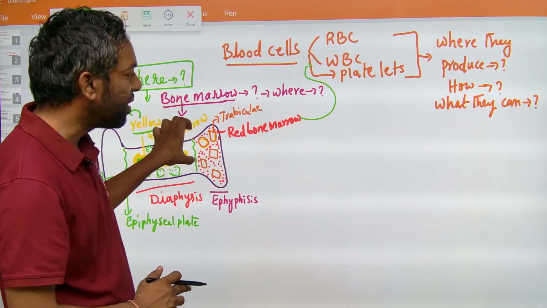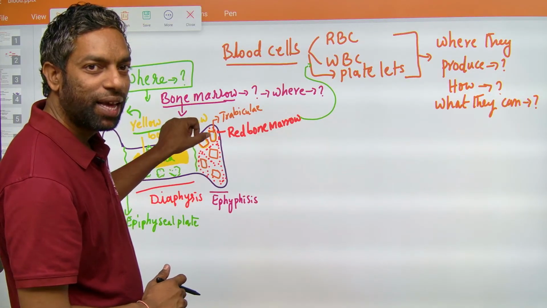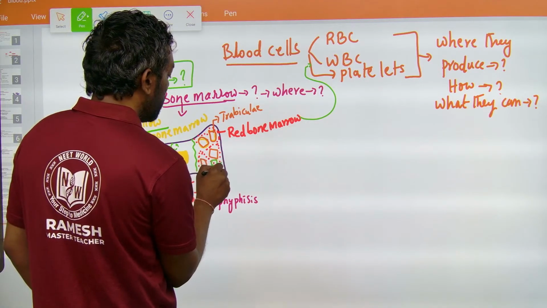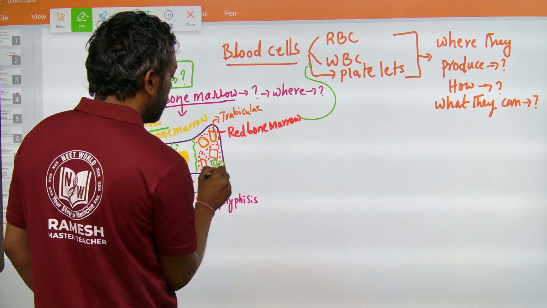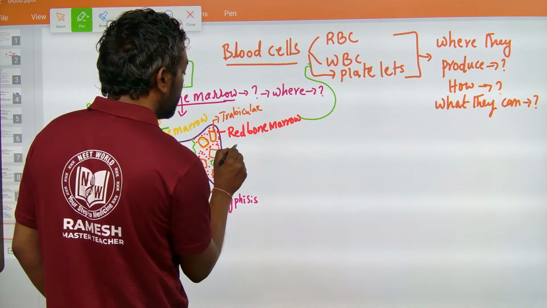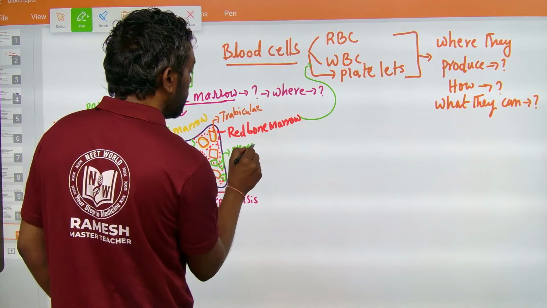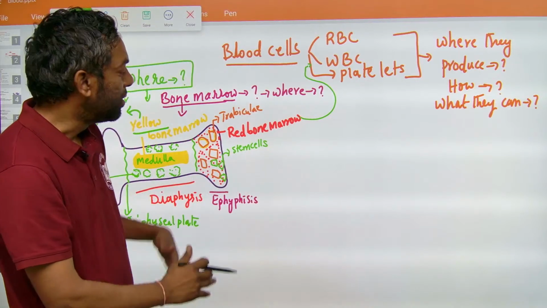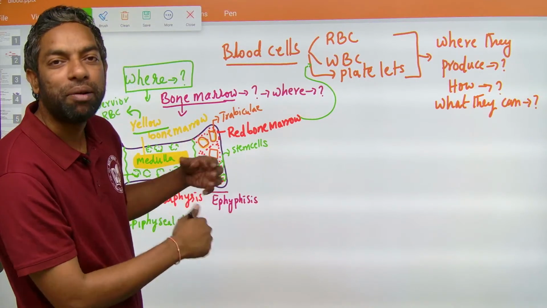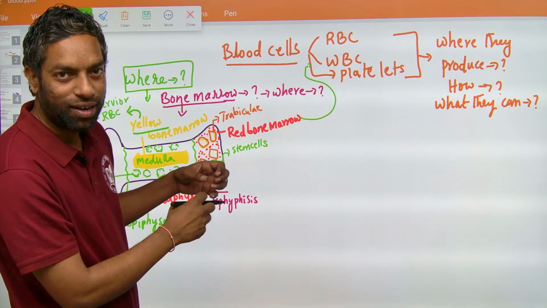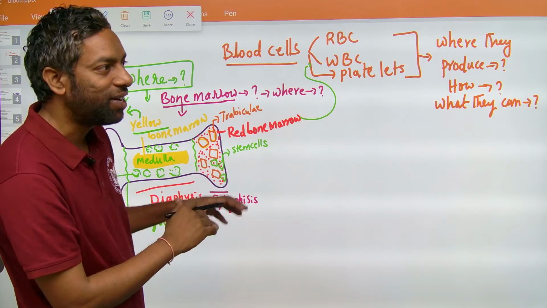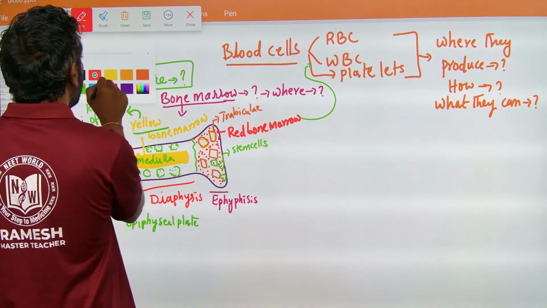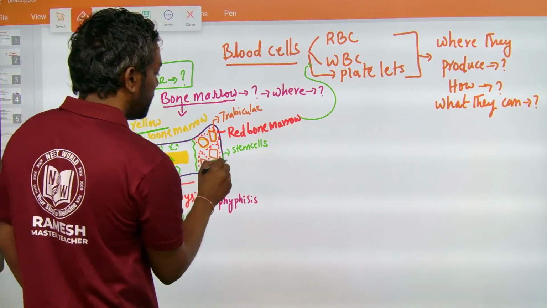What happens in the red bone marrow? In the red bone marrow, there are certain cells called stem cells. Stem cells can divide and multiply by mitotic division. They can give a number of cells.